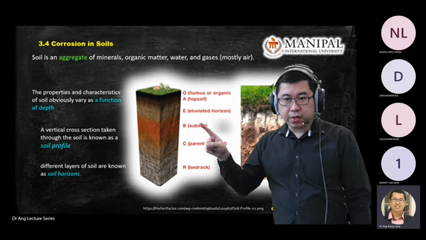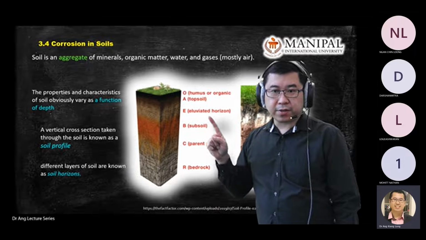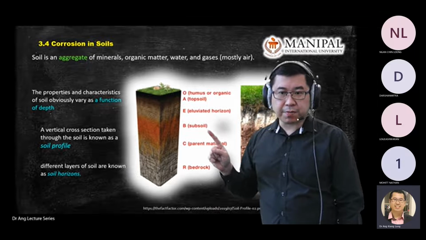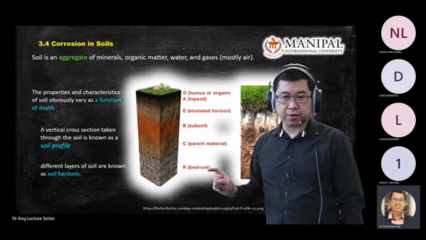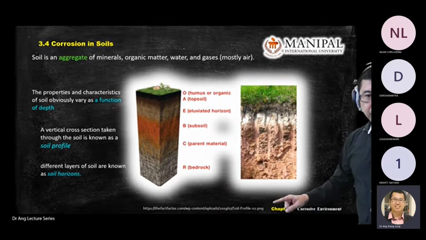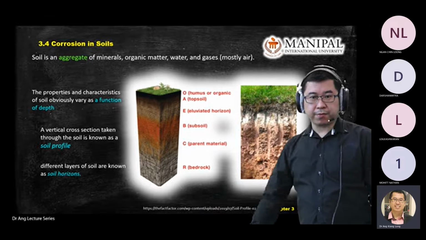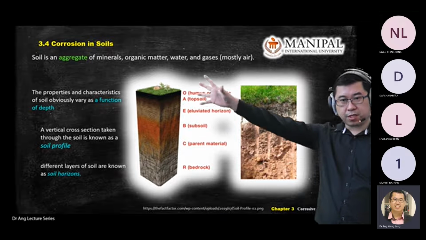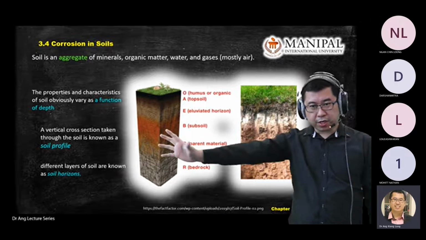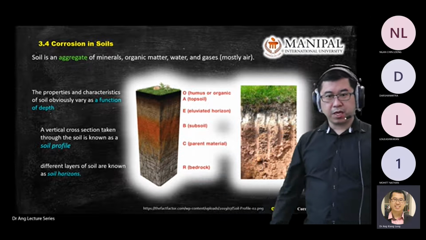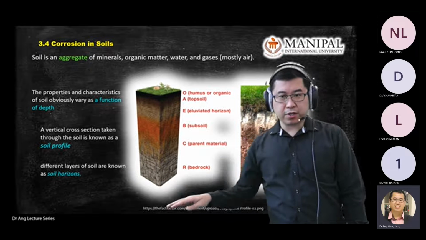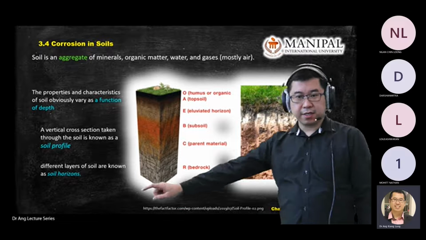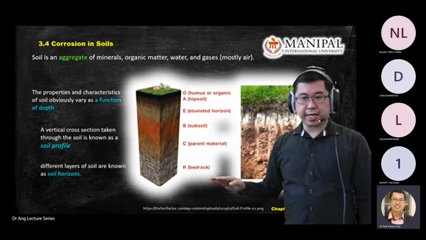Then you go into the horizon E, and you go to the subsoil, you go to the parent material, and you go to the rock bed, which is at the bottom of the profile. Okay, profile means the whole vertical cross section. When you talk about soil horizon, it means layer.